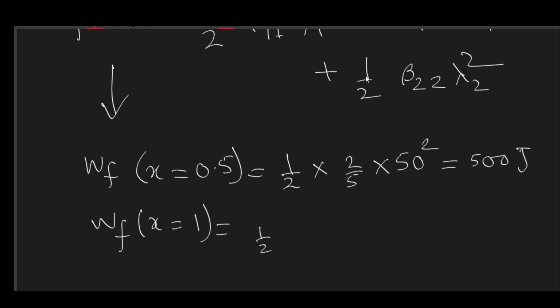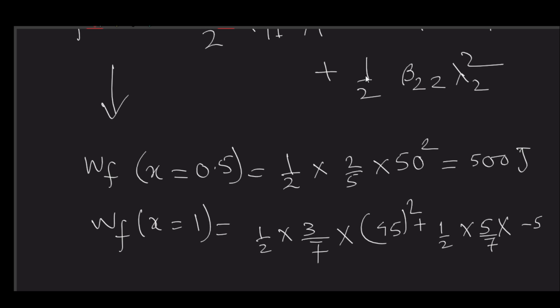That is half into 3 by 7 into 45 square plus half into 5 by 7 into minus 5 square plus minus 1 by 7 into 45 into minus 5.